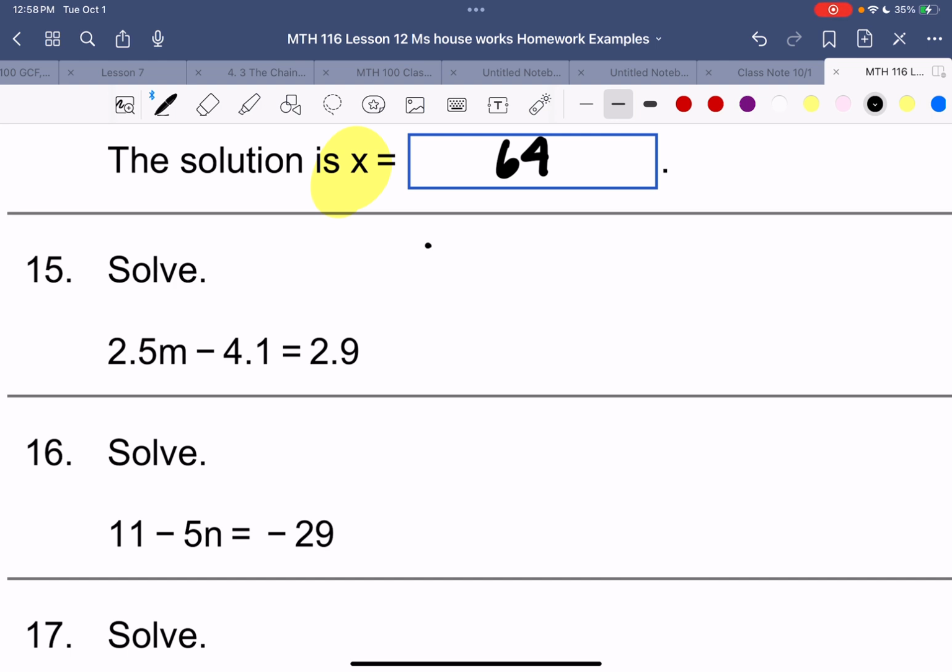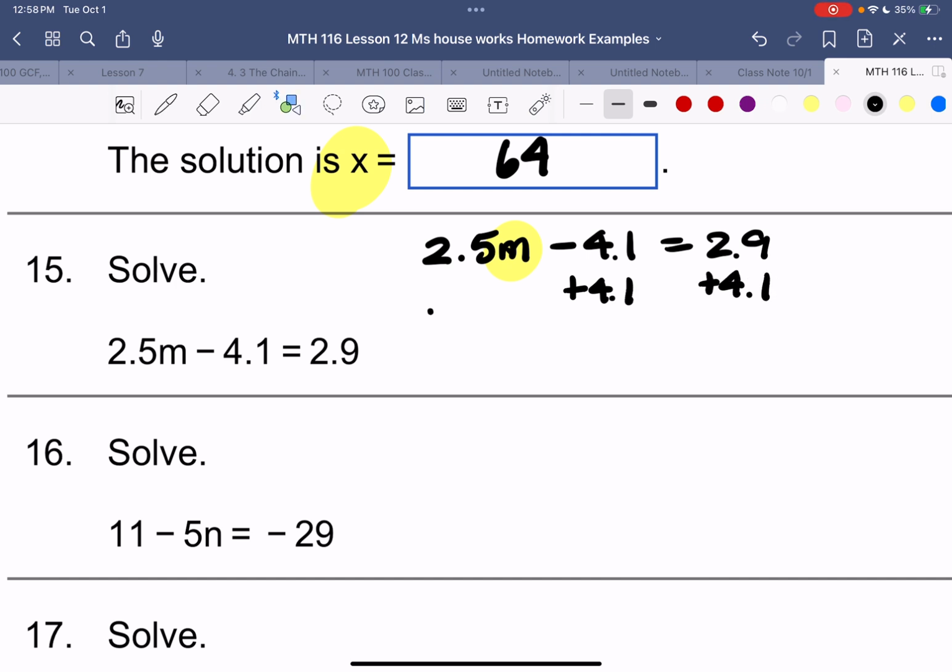Number 15, 2.5m minus 4.1 is 2.9. I'm trying to isolate the m. First thing I'm going to do is undo the subtract 4.1 by adding 4.1, following the golden rule. Do the same thing on both sides. 2.5m, this is 0, equals 2.9 plus 4.1, which is 7.